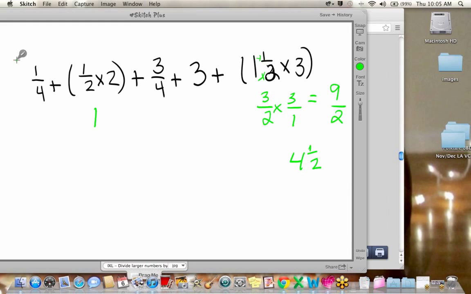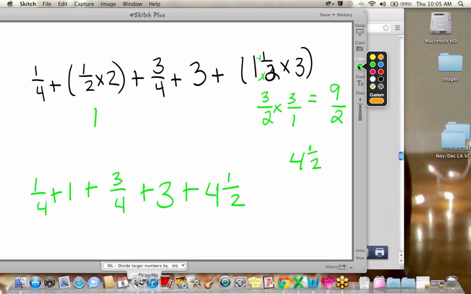Okay. So now I'm going to be adding, I'll just rewrite it, 1/4 plus 1 plus 3/4 plus 3 plus 4.5. All right. So not too hard. I'm going to look for something called complementary fractions, something that would be easy to add up right away. I know that 1/4 and 3/4 is going to give me 1 whole.